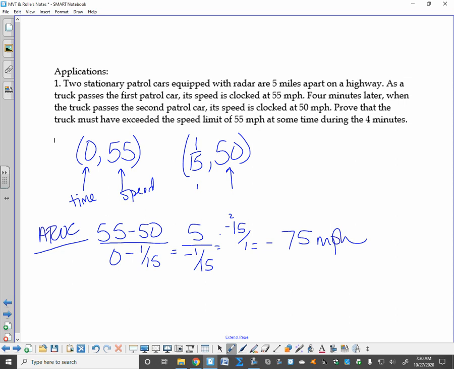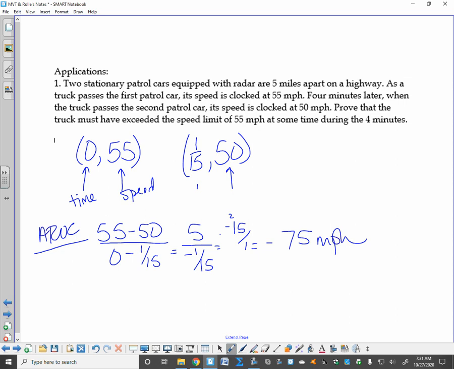Okay, so we've just answered this question, but let me just do this extra little nugget. If he reached 75 miles per hour, does that also prove that he hit 70 miles an hour? Absolutely, because of continuity. That's the IVT. If I've reached 75 miles per hour, then at some point I hit 70 miles per hour. And if I started at 55 and ended at 50, I had to hit 70 miles per hour twice.